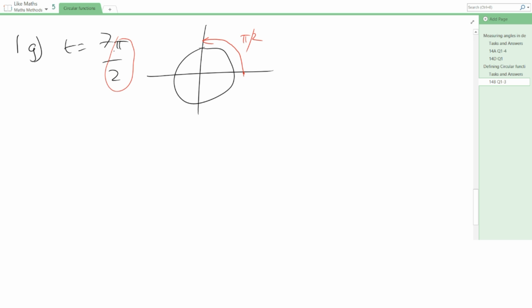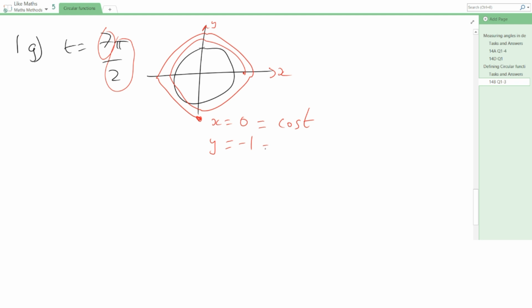So here we're going around 7 quarters: 1, 2, 3, 4, 5, 6, 7. We'll be down here. So down here, x will be 0, y will be -1, which is cos of t and sine of t respectively.